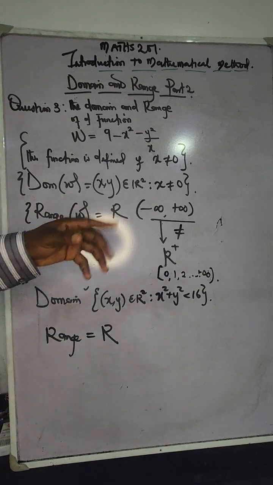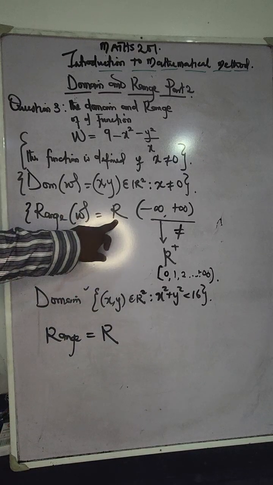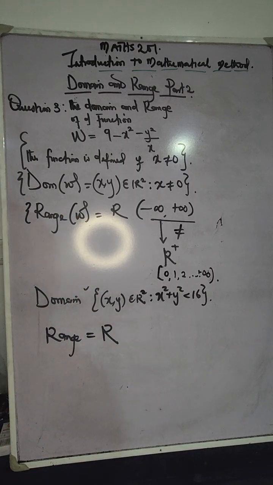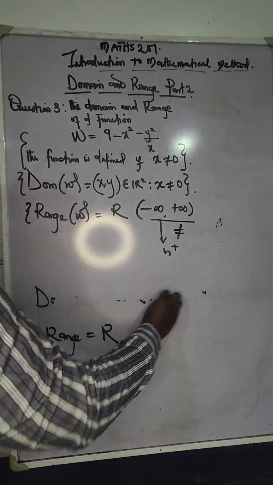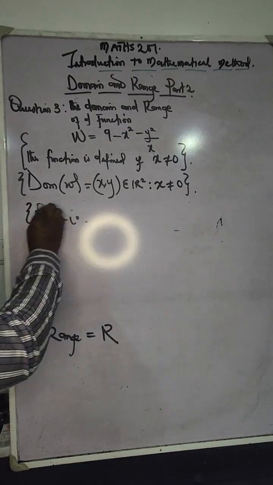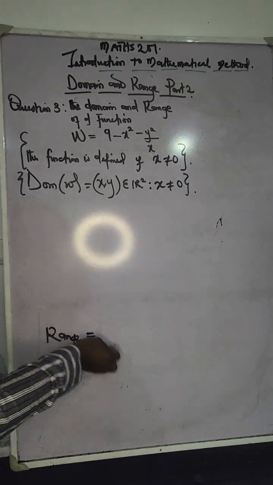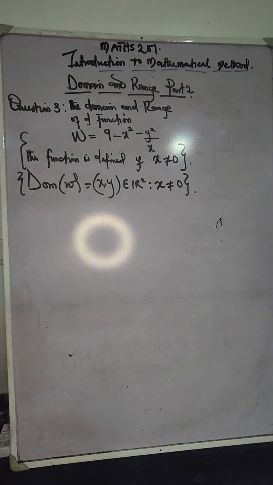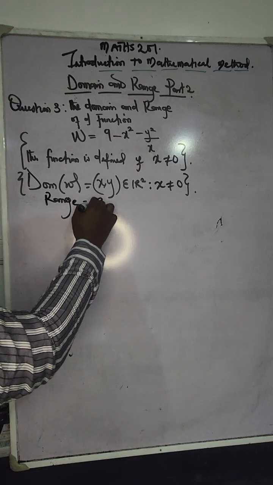So we now say that the range of the function is all real numbers. The domain of the function is all real numbers, rather, the range of the function is all real numbers R.